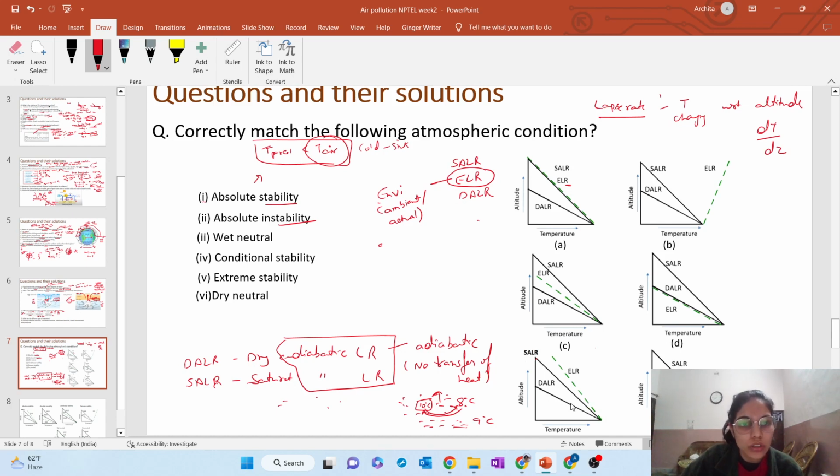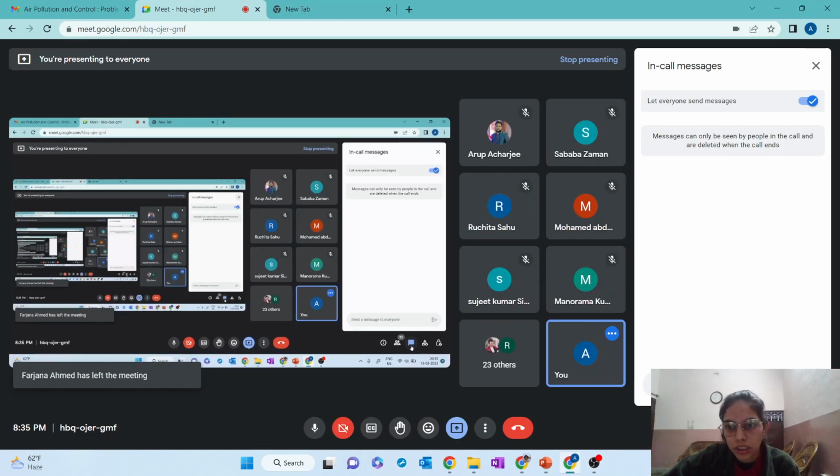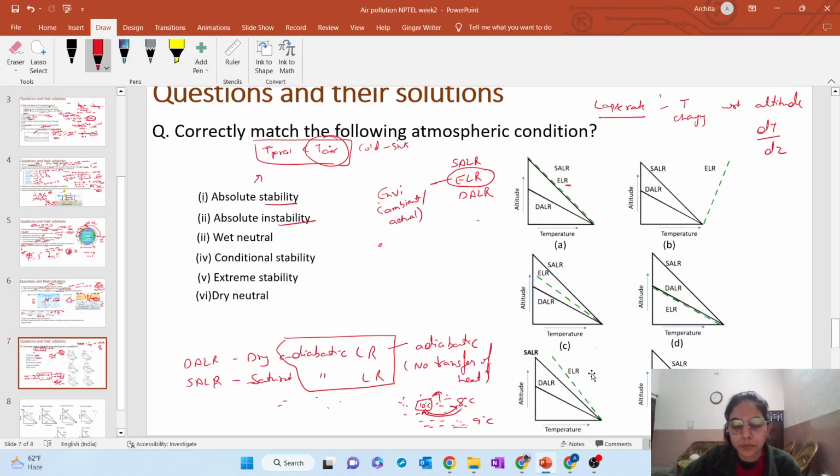Now, absolute stability means that the temperature of the parcel is less than that of the air, meaning it is cold.